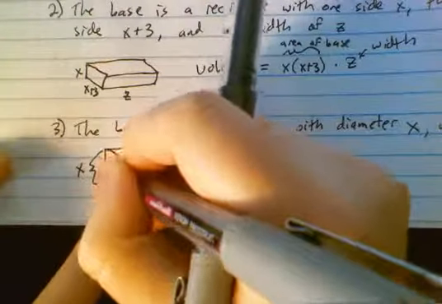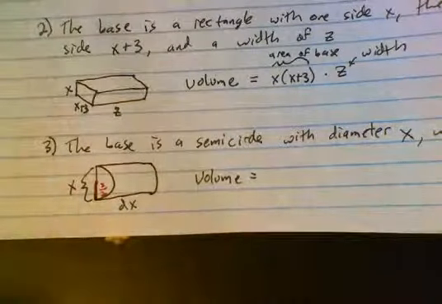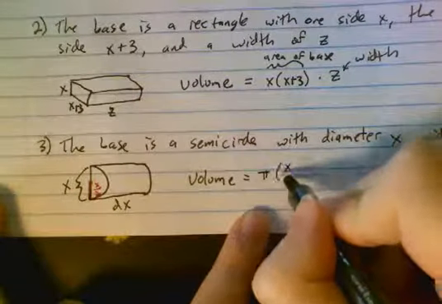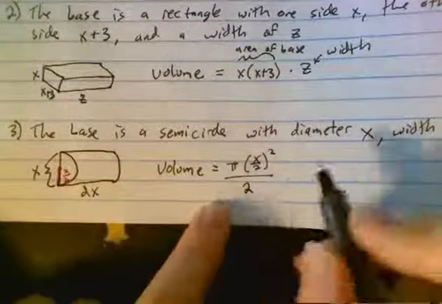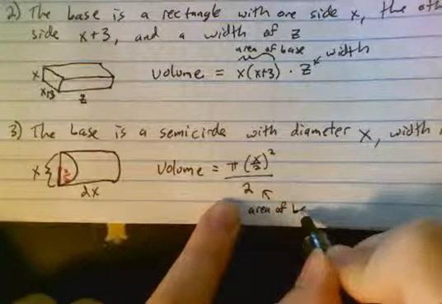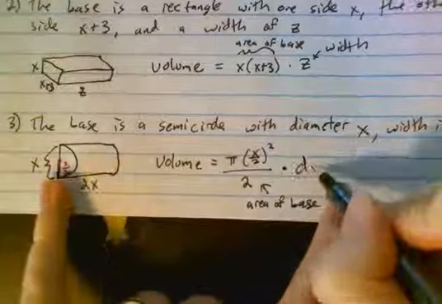This is half that distance, x over 2, and that's what we're going to be using in the formula. So the volume is pi r, which is x over 2 squared. Don't forget your other over 2. And this is again the area of the base times the height or width, which we said was dx.